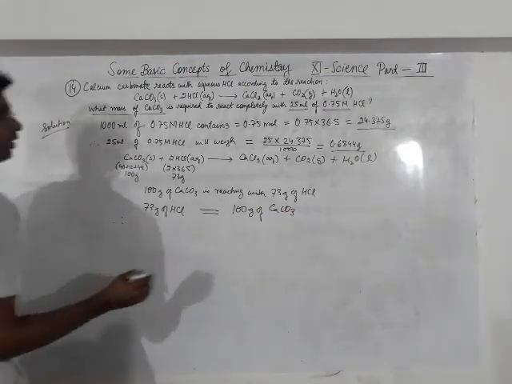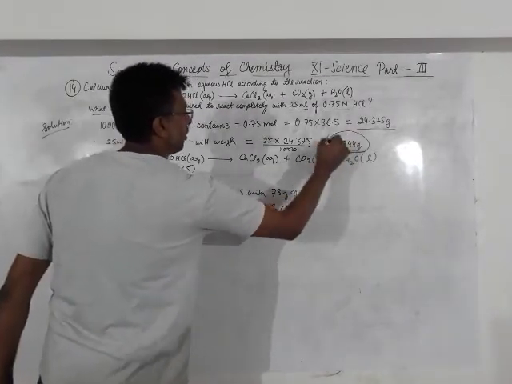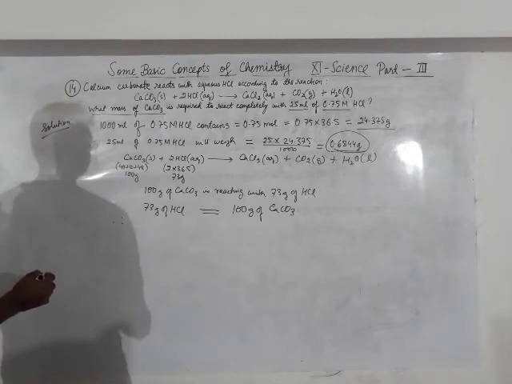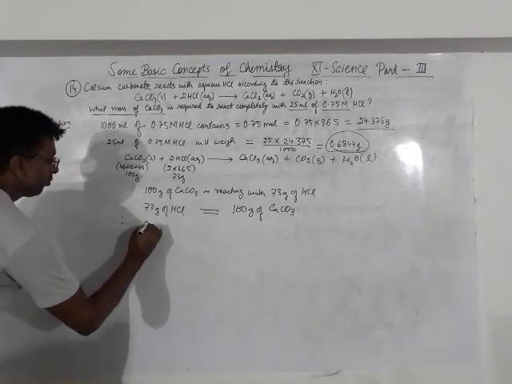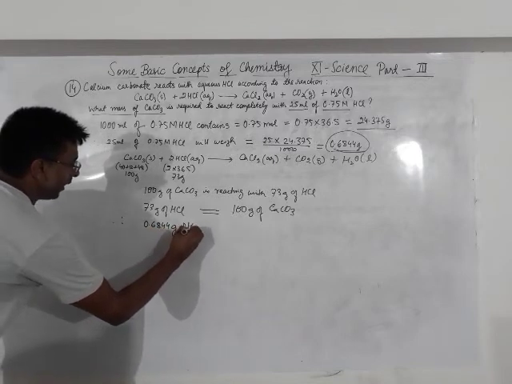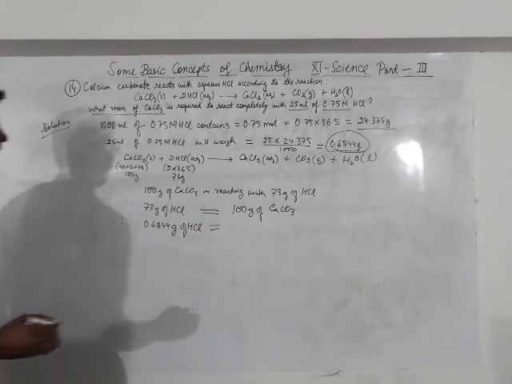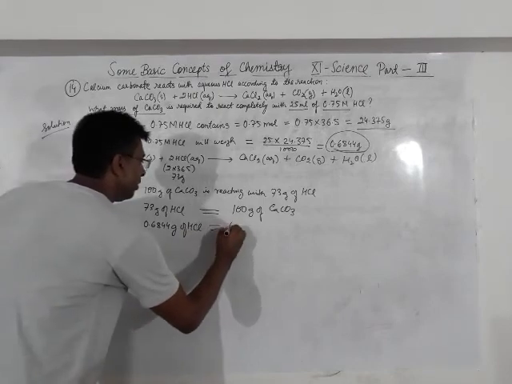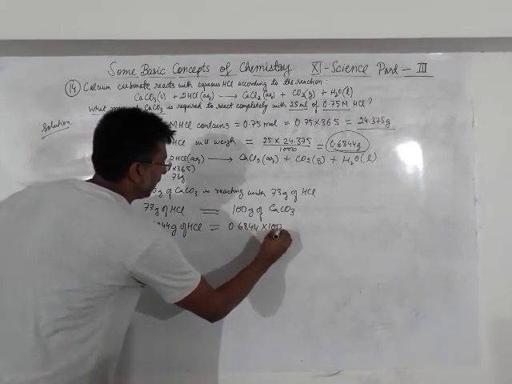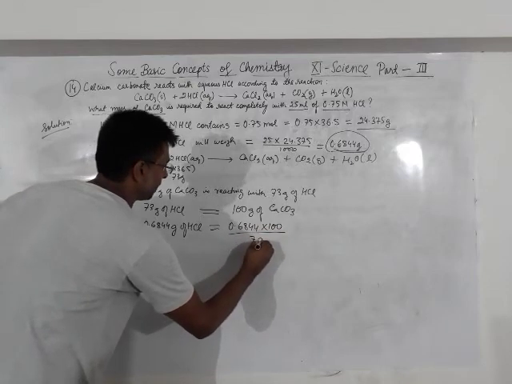Therefore our HCl weight is 0.6844. Therefore 0.6844 gram of HCl will react completely with 0.6844 into 100 divided by 73.